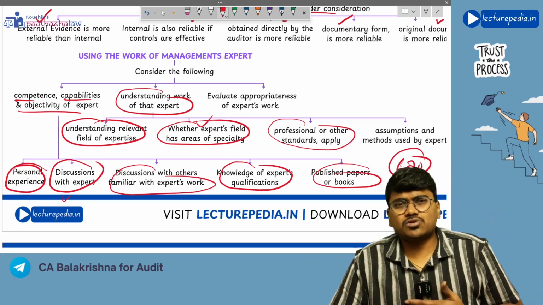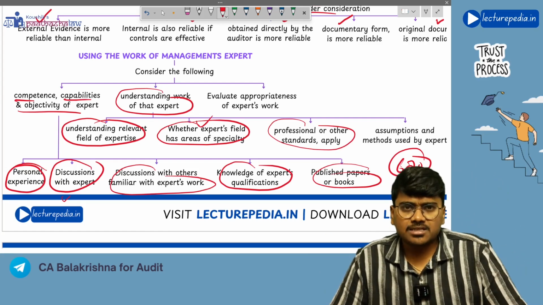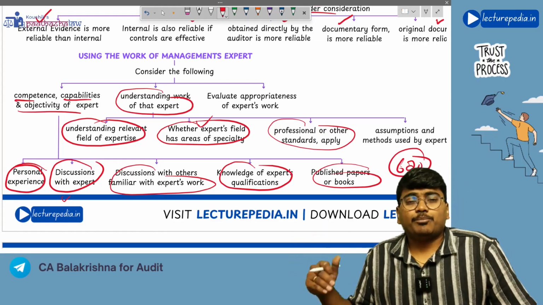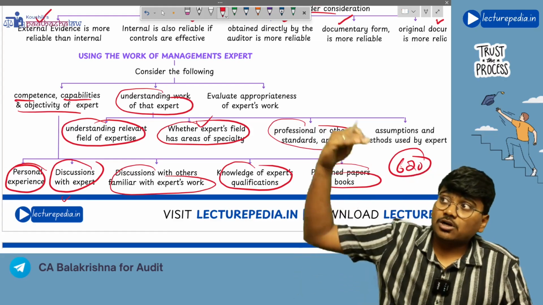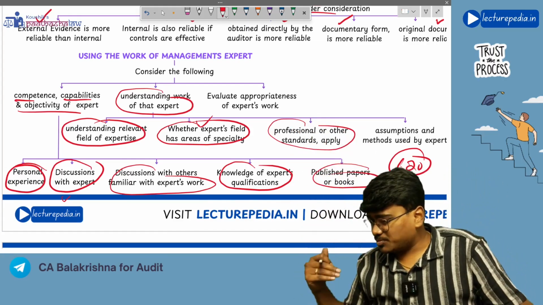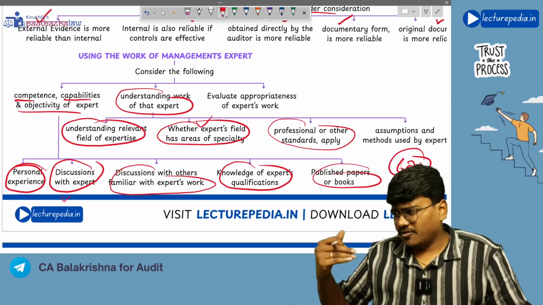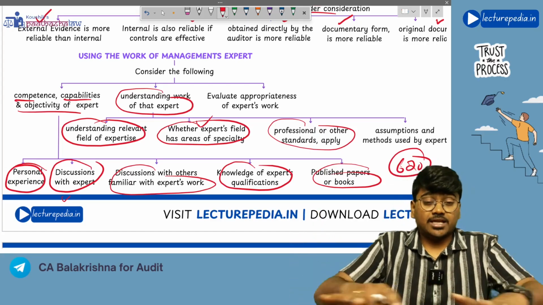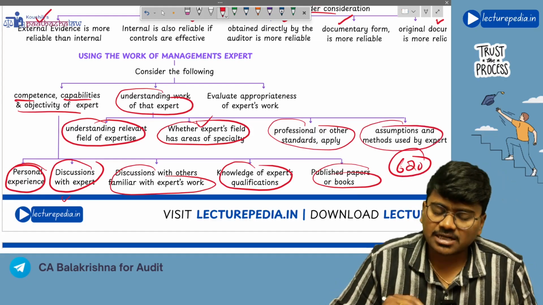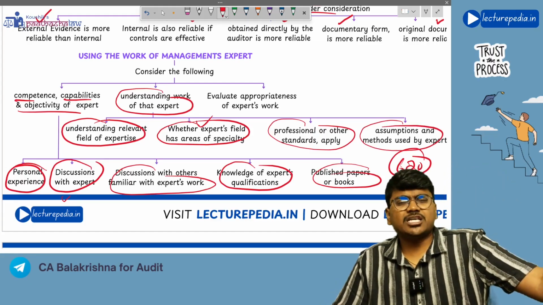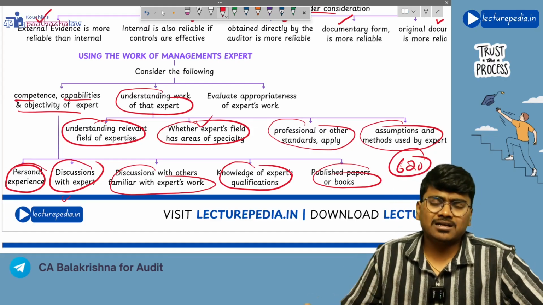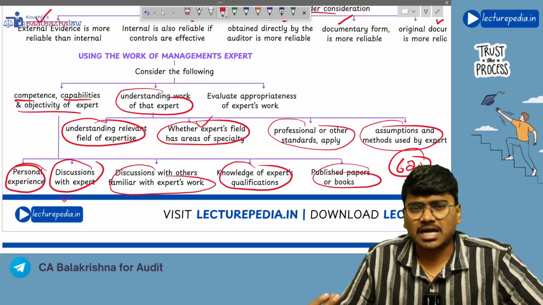Just like for auditing there are auditing standards applicable, similarly for the expert's work, whether there are any standards applicable. If standards are applicable, has that expert followed those standards? If he has followed those standards, then the work would have been done properly. Next, the assumptions and methods used by that particular expert. If the expert has used any assumptions or methods, the auditor will also understand those assumptions and methods.